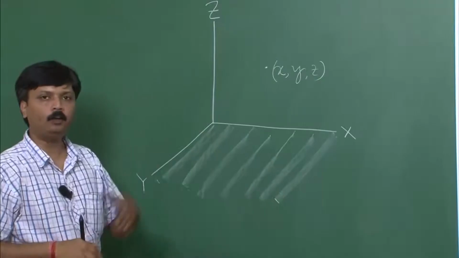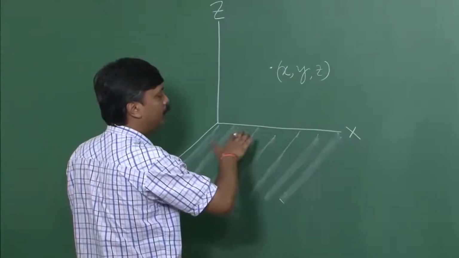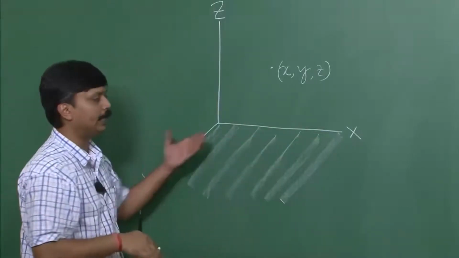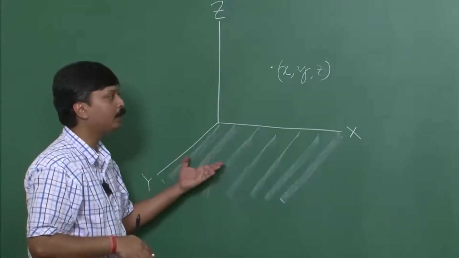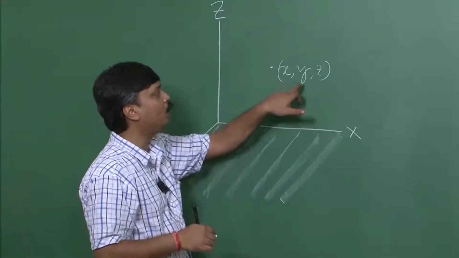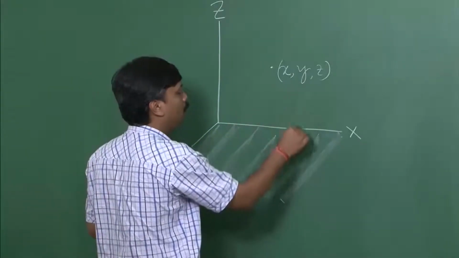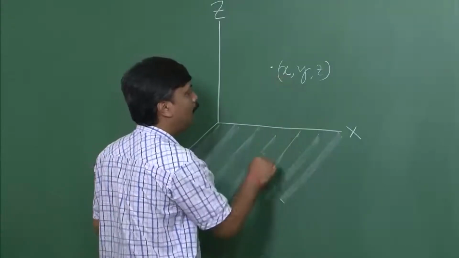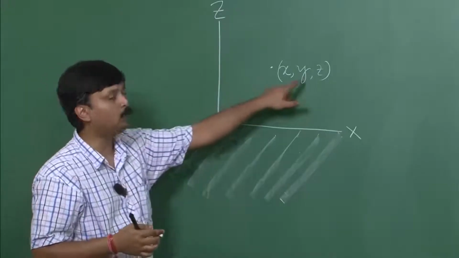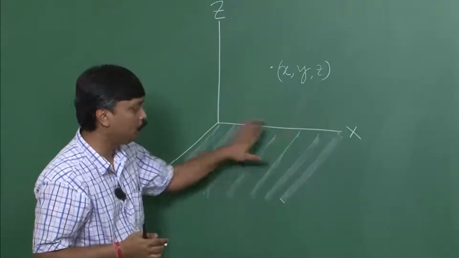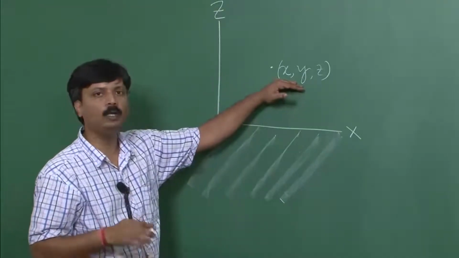Now what will be the fate of this reflection operation? Since the reflection plane coincides with one of these natural Cartesian coordinate planes, that is xy here, none of the x and y coordinates will change, because they will remain at the same place, but the z coordinate, which is perpendicular to this plane, will get reflected. The other two will remain unchanged.